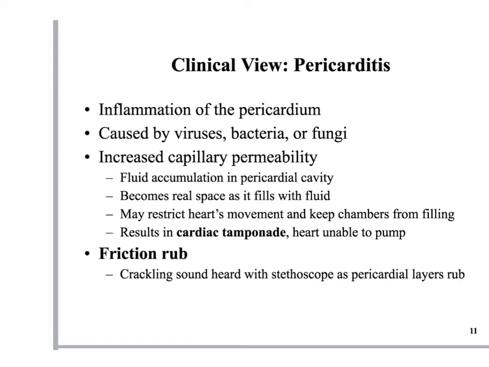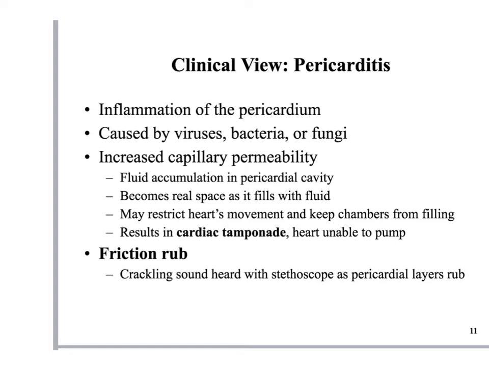So what do you have to do as a clinician? What do you have to do? You have to drain the fluid. Okay? And in an emergent situation, what that means is you take a needle, put it right underneath the second rib into the pericardium, and drain the fluid. Now, you have to be a trained individual if you want to do that.